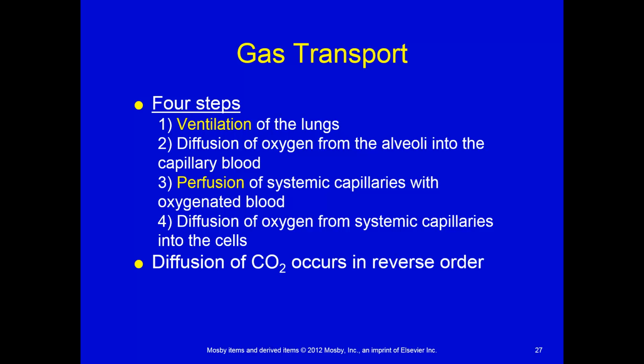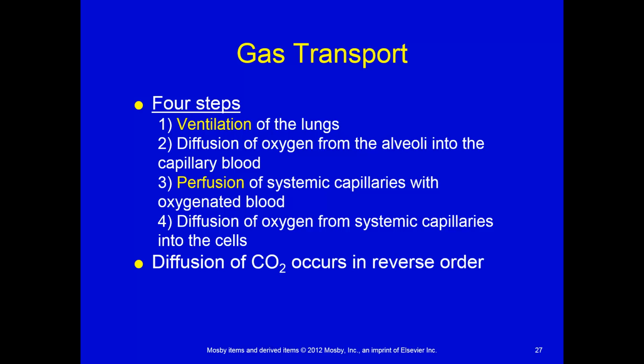So, to say that in a different way, if any step of this gas transport is impaired by either a respiratory or a cardiovascular disorder, gas exchange at that cellular level, at that alveolar capillary level, is compromised. And if you have any compromise at that level, you're talking about what we talked about at the beginning of class, right?